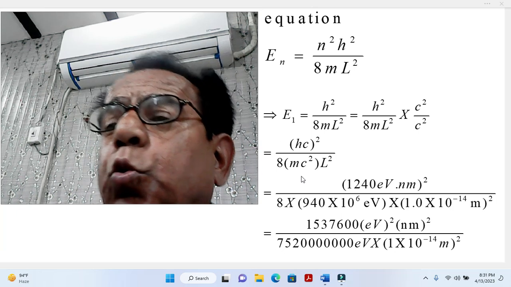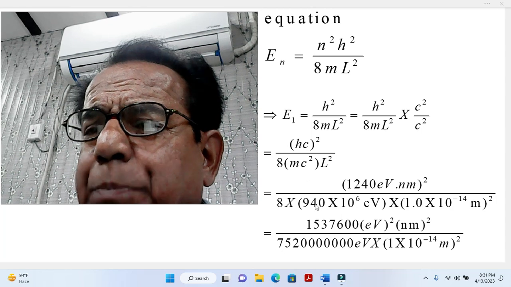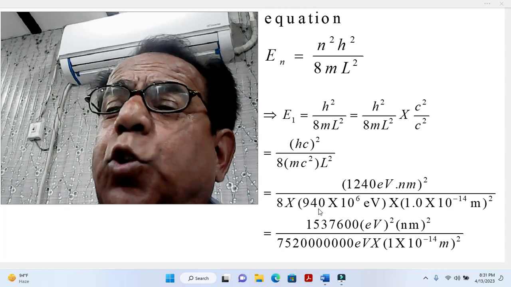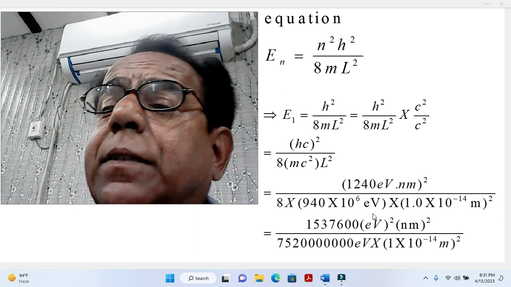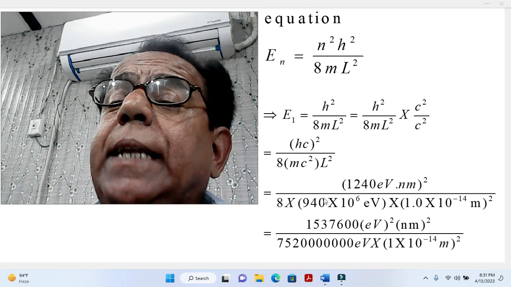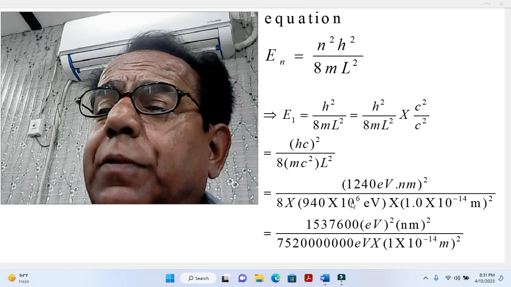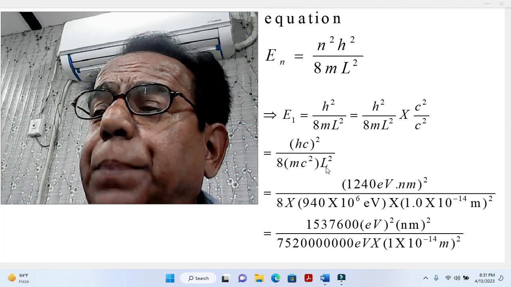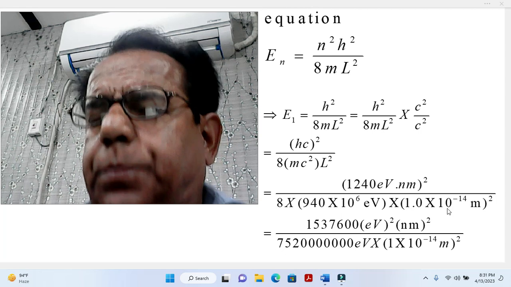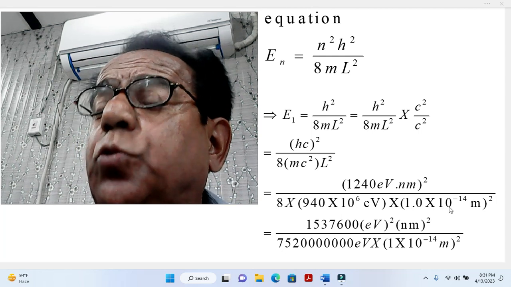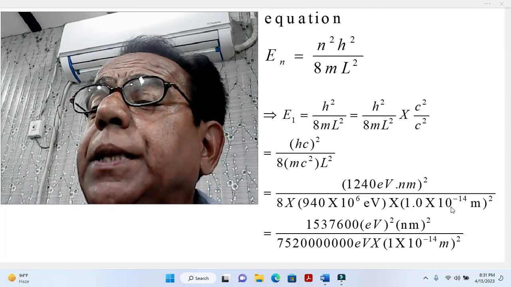So in place of mc² we have used 940 × 10^6 electron volt, because 940 million electron volt. In place of million we have used 10^6, and in place of L we have used this value (1.0 × 10^-14 meter)².